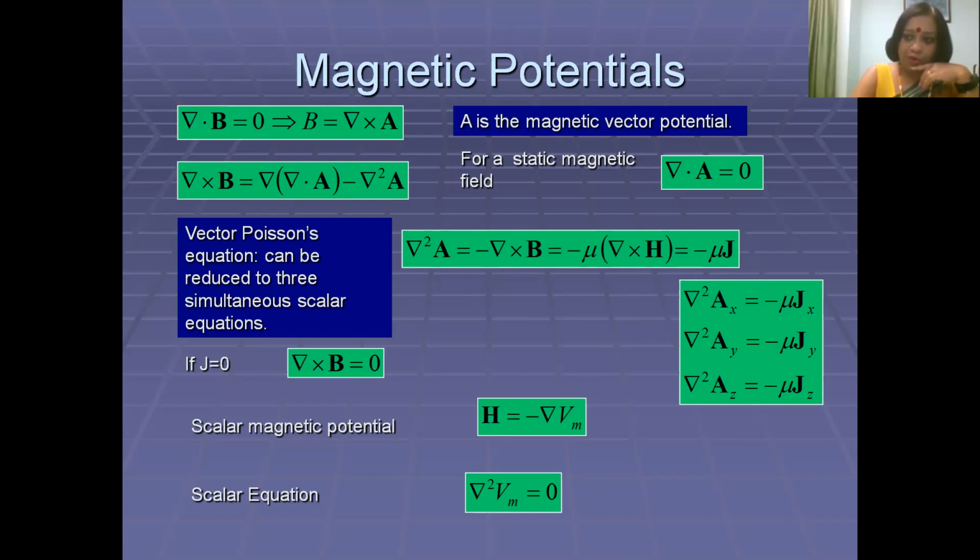My question to you is, is it therefore possible for you to use the MATLAB program that you have already written for electrostatics to solve magnetostatic fields? Or would you need to make some changes? If you need to make some changes, what changes would you need to make?